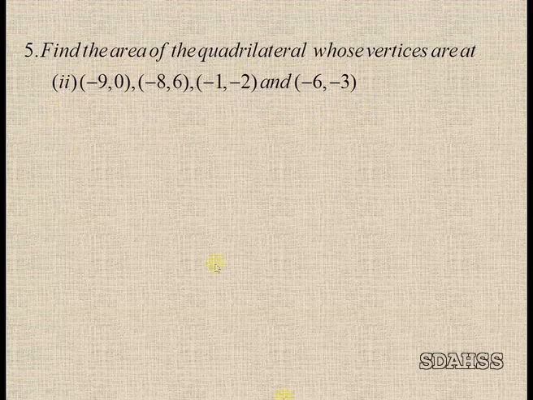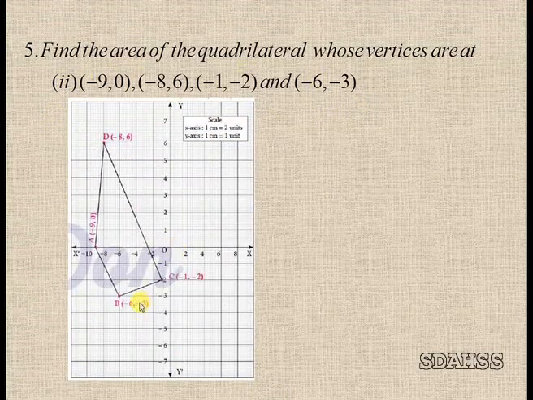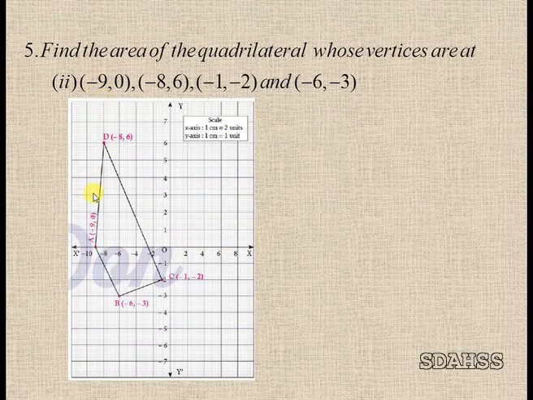Plot all these points in a graph. (-9, 0) lies on the x-axis. (-8, 6) is in the second quadrant. (-1, -2) is in the third quadrant. Then (-6, -3) also lies in the third quadrant. Now join all the points.